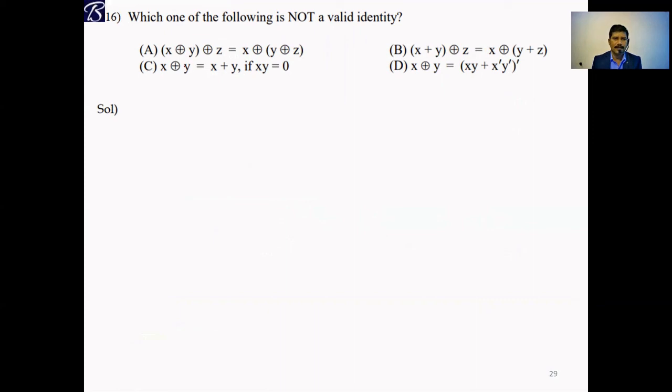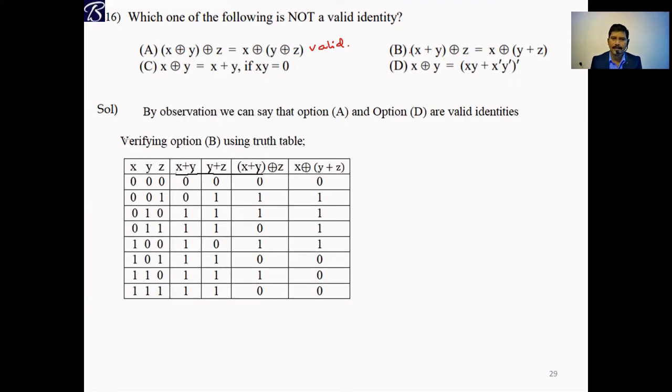Option D is correct. Which one of the following is not a valid identity? Observe option A: X XOR Y XOR Z equals X XOR Y XOR Z. This is valid. Coming to option B, (X + Y) XOR Z equals X XOR (Y + Z).